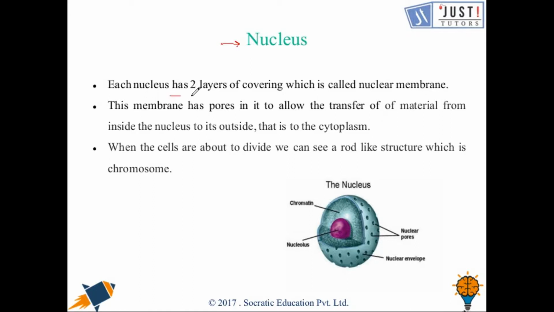Each nucleus has two layers of covering, which is called nuclear membrane. You can see in this picture here. This membrane has pores in it to allow the transfer of material from inside the nucleus to its outside, that is, to the cytoplasm. When the cells are about to divide, we can see a rod-like structure which is chromosome.